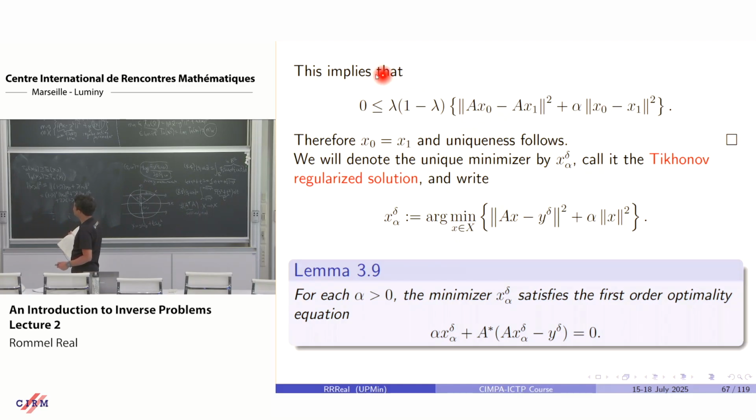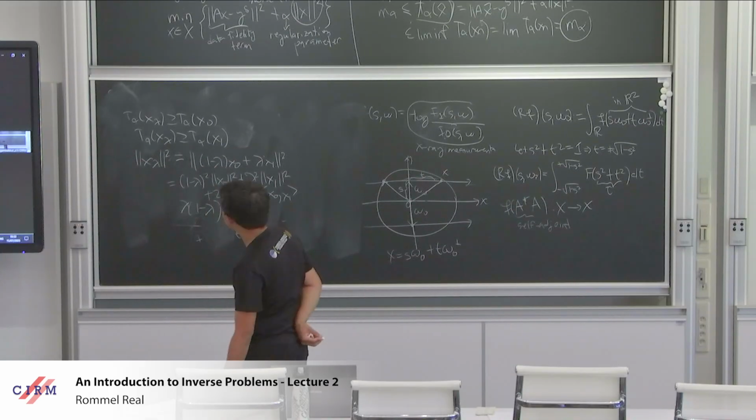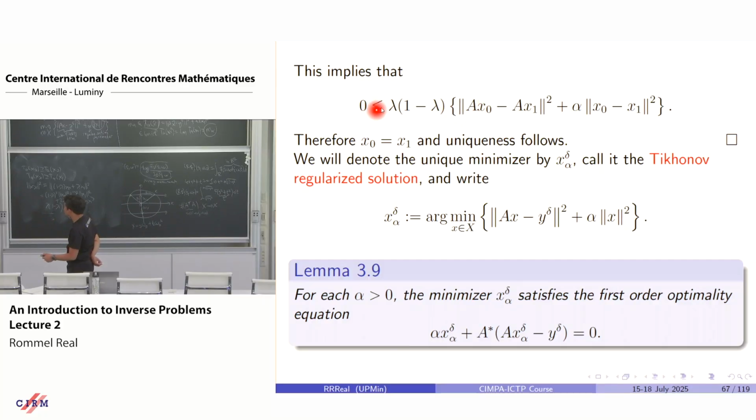And that's by this argument here, that because lambda times 1 minus lambda is positive, then we can later show that these two here, I mean the sum here in the bracket, must be equal to 0.